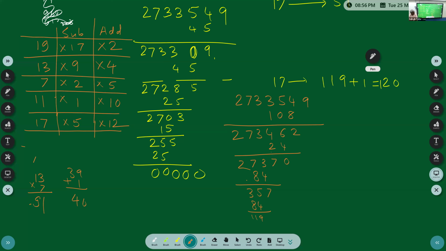But this is the generalization of the divisibility test. If you happen to have a new prime number like 23, we don't know what its test is, but we can find it. We need not remember any text, any book, Google, nothing. We ourselves can do this job. And it is going to be correct. It will work.